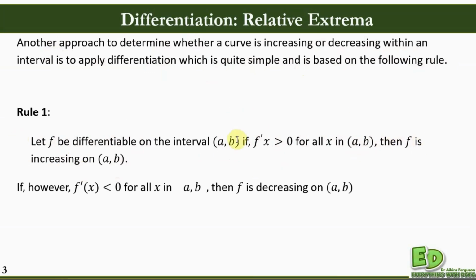However, if the differential of that function f is less than 0 for all values of x on the interval ab, then the function is decreasing. That is what it is trying to say.